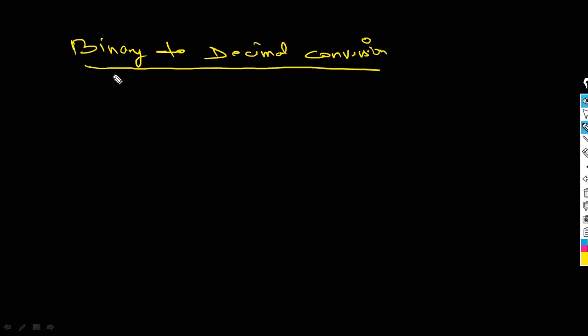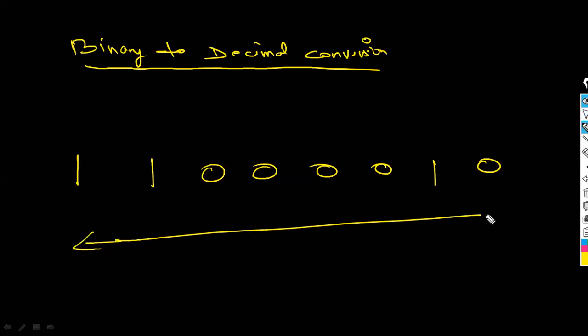Calculator is one way, but without using a calculator, let's say the binary number written is 0, 1, 0, 0, 0, 0, 1, 1. Total how many bits? If you count the number of bits, there are 8 bits total: 1, 2, 3, 4, 5, 6, 7, 8, right?